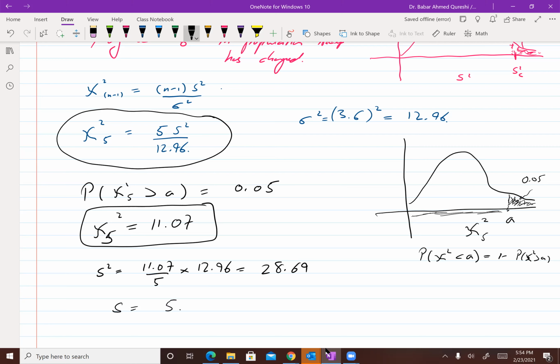So S is 5.38. That means I compute the sample variance, and if the sample variance exceeds this value, which is going to be a positive number, I know that this thing happening had only a 5% chance. So I'm a little worried and I go check my shipment.